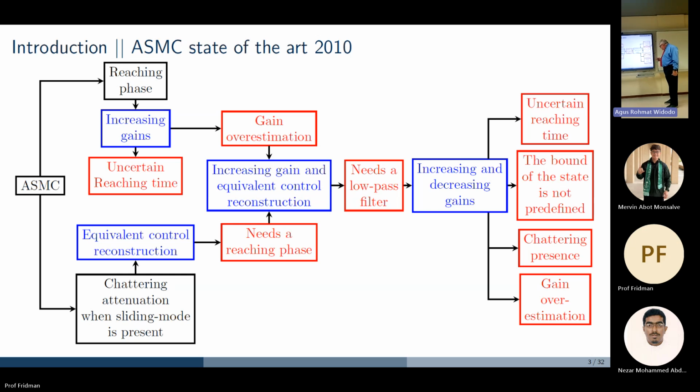Nevertheless, you are asking the system to have sliding mode and to lose it. So every time you will have chattering and overestimation of the gain, which means that you will lose plenty of energy.